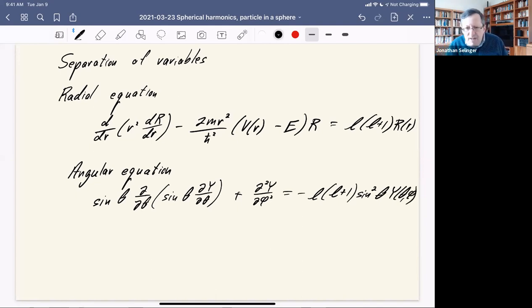Okay, so we have these two equations, and you notice that the constant L appears in both of them. And so it has to be the same L in both of them. And this symbol, of course, is my handwriting for the cursive letter L.